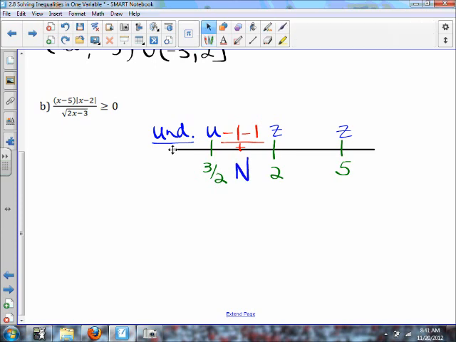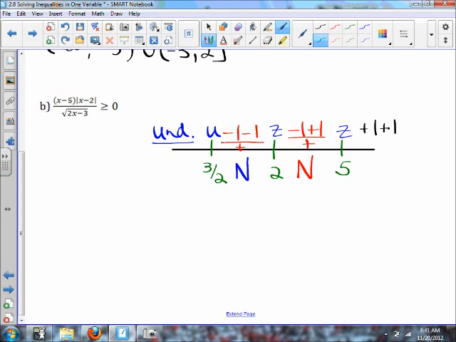Now it seems like a lot of thinking there, but we should be okay. A number between 2 and 5, say 3, be negative, absolute value of a positive, and a positive, which means I'll be negative down here. A number greater than 5, let's say 10, which means I'll be positive, absolute value of a positive, and a positive, which means it'll be positive there.